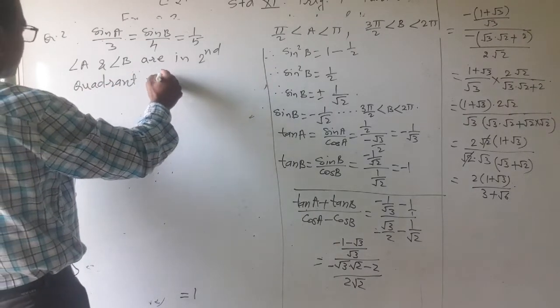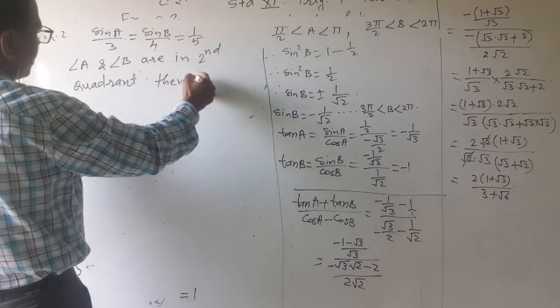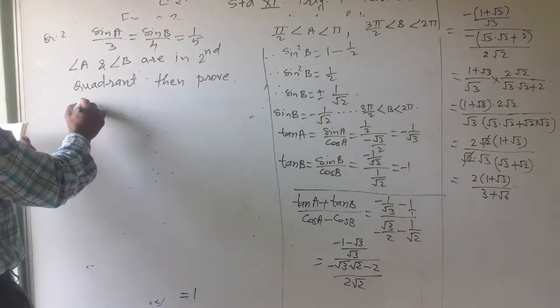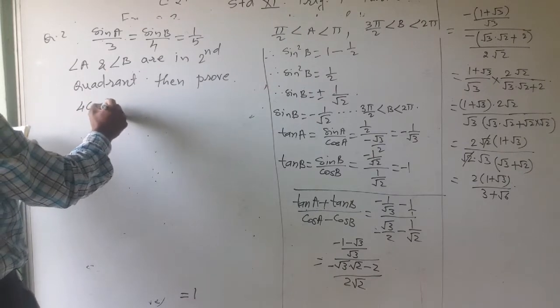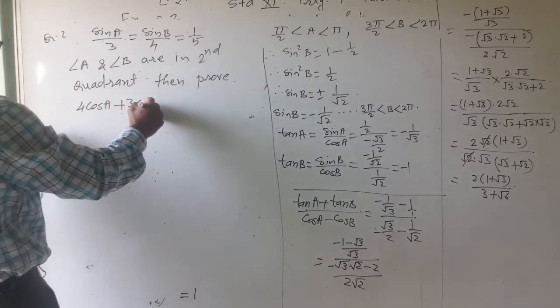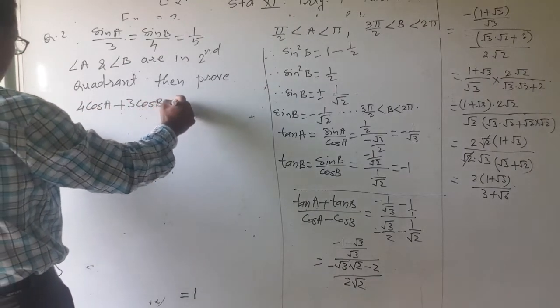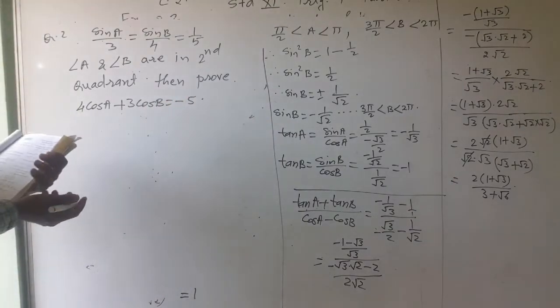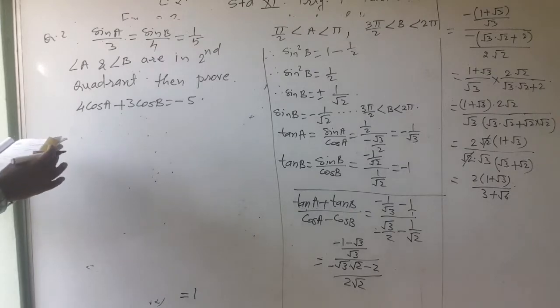Then prove that 4 cos A plus 3 cos B is equal to minus 5. This way you can solve this question.